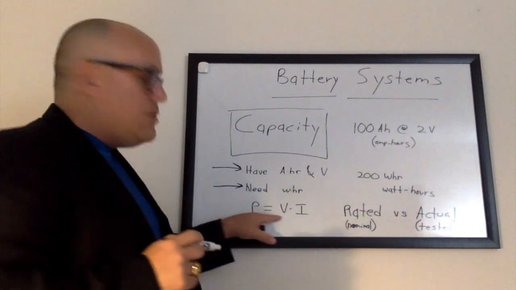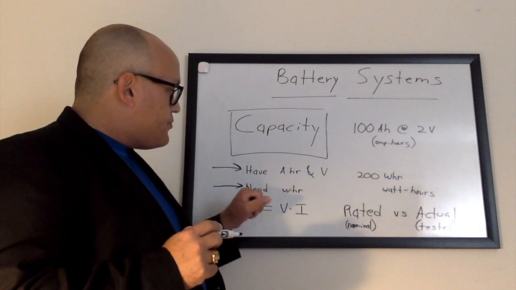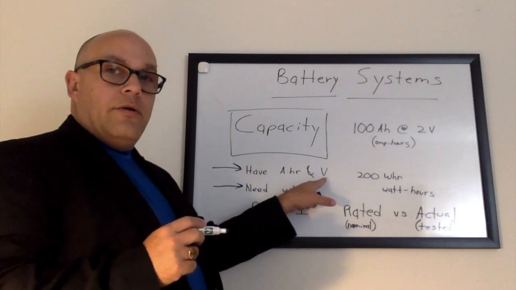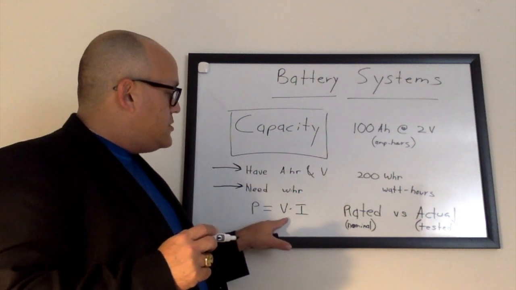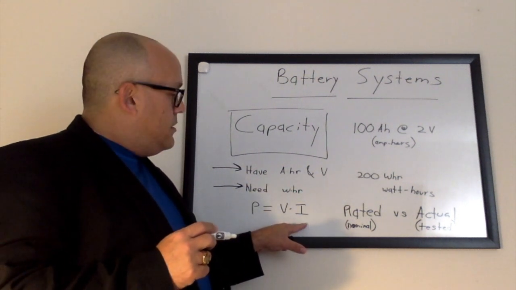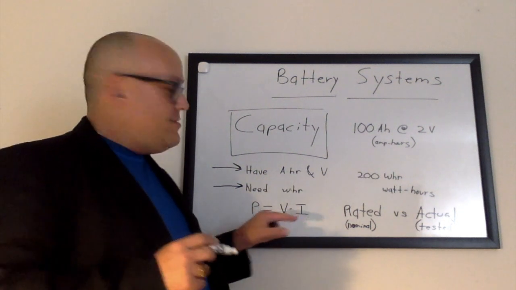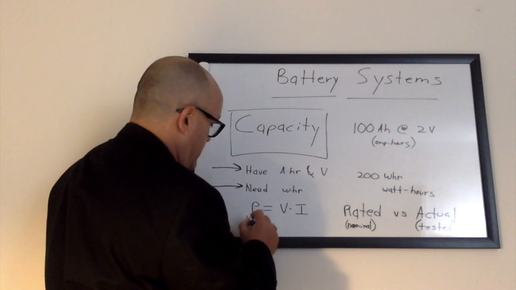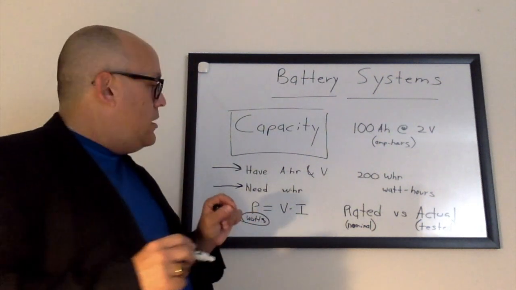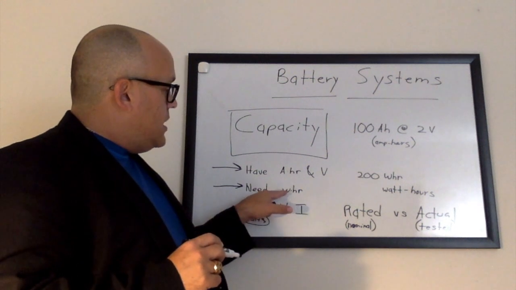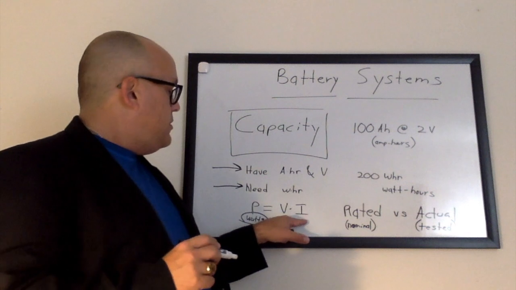And we're going to use the P equals VI equation to get watt hours. Remember, volts multiplied times current equals power. Power is in watts, okay? So for watt hours, I need watts. How do I get watts? I grab voltage and current.